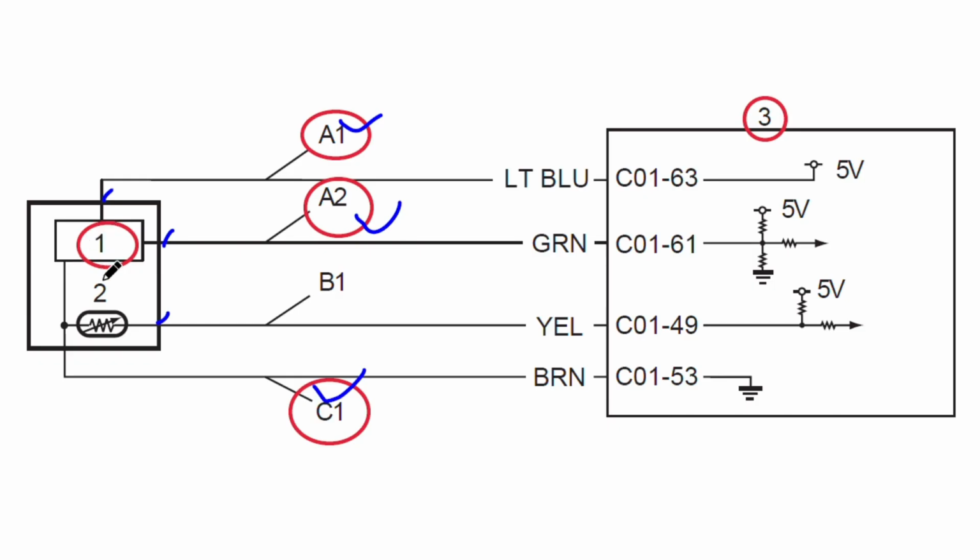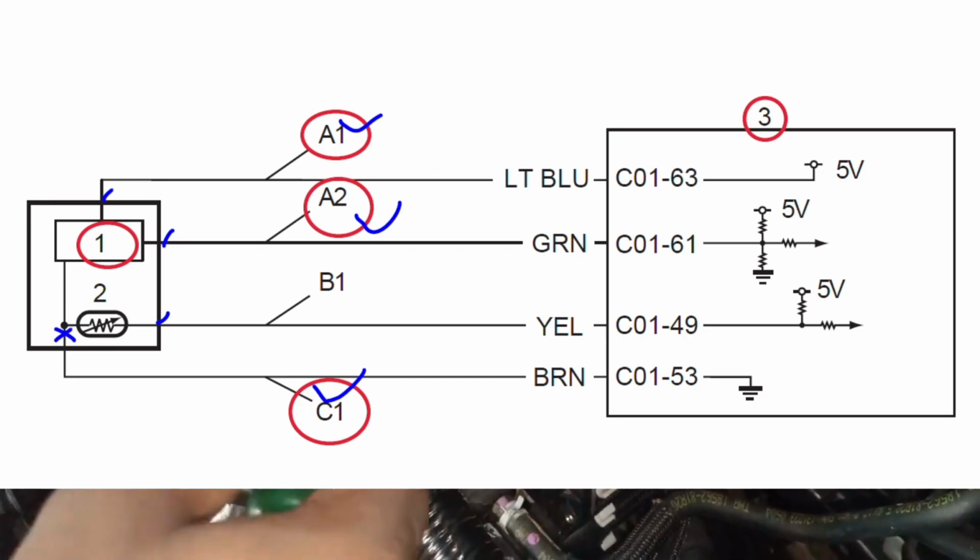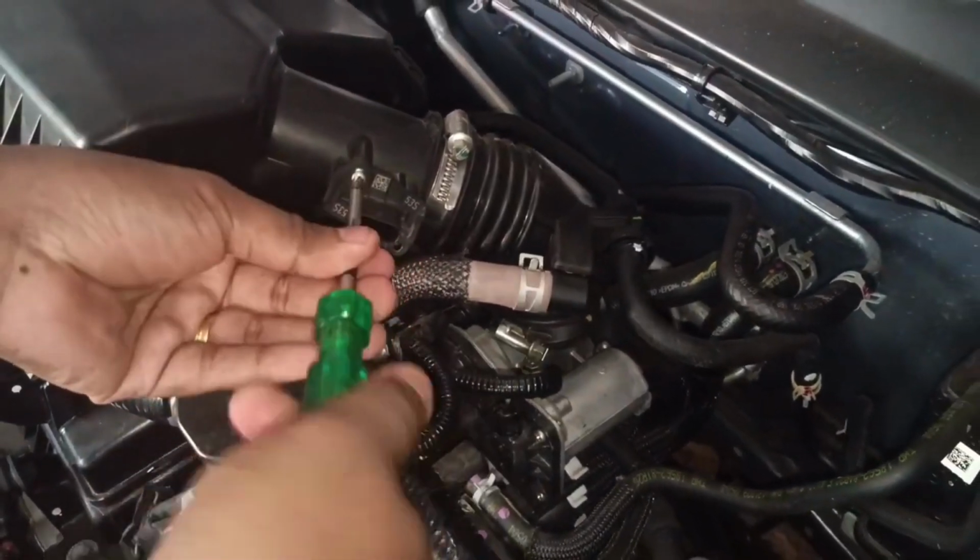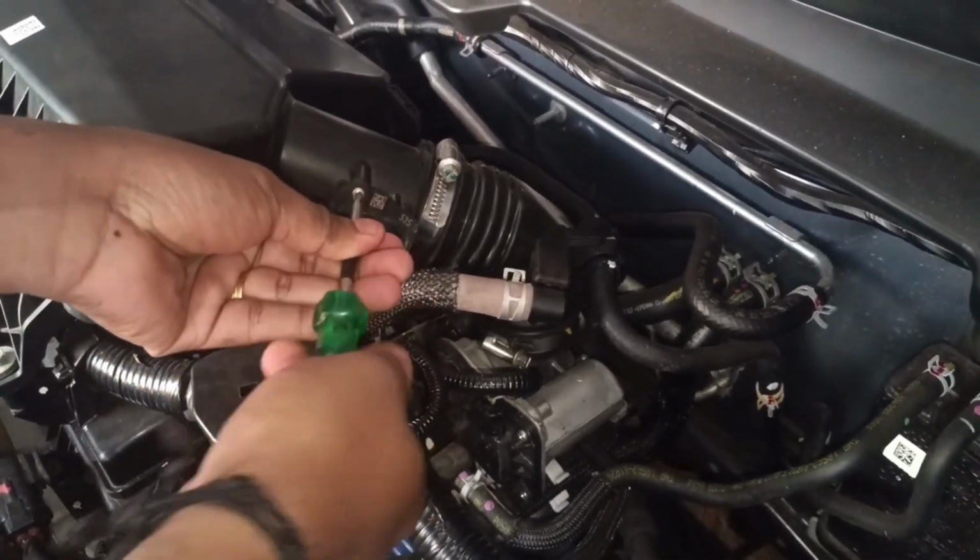Also the DTC found MAF and IAT sensor. That means both sensors are not working properly. Both sensors have a common earth point. That earth point may be broken or an open circuit. This is the problem.